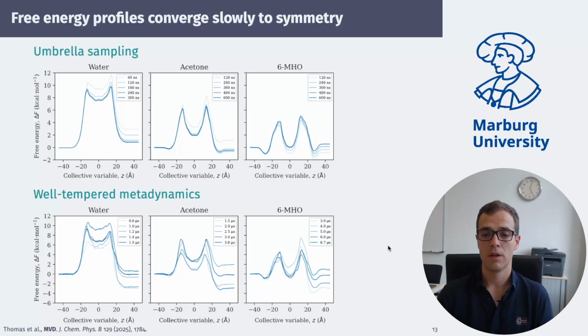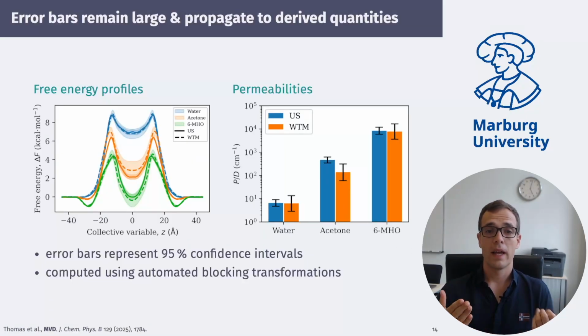but you still need microseconds of simulation time to achieve near symmetry. Okay, so what most people do when they have these problems of asymmetric free energy profiles is they force symmetrize them. So they argue that each half of this profile is an independent sample of the free energy profile, and you can just average over them independently.